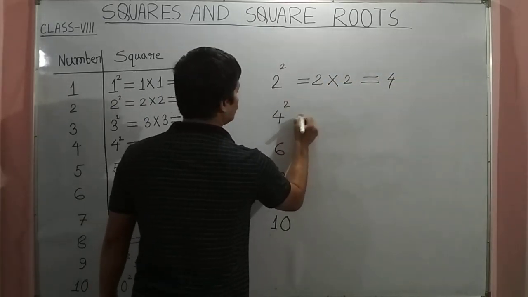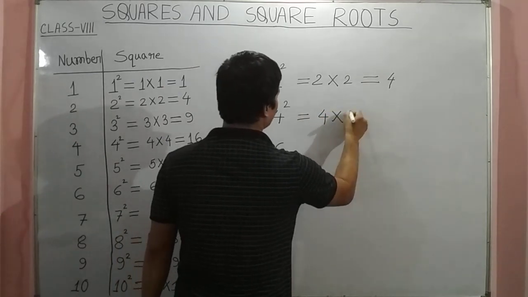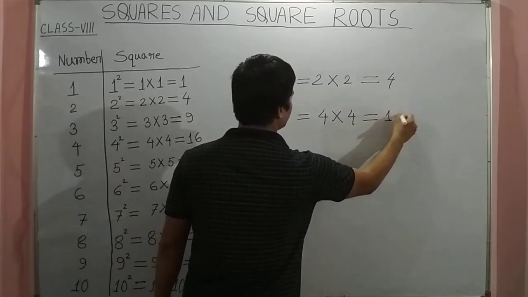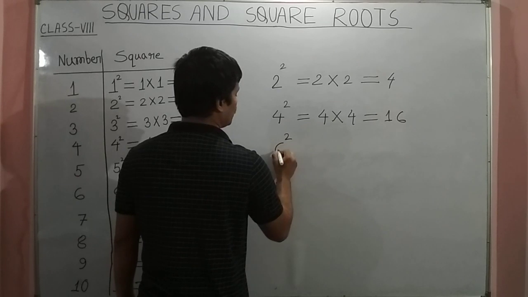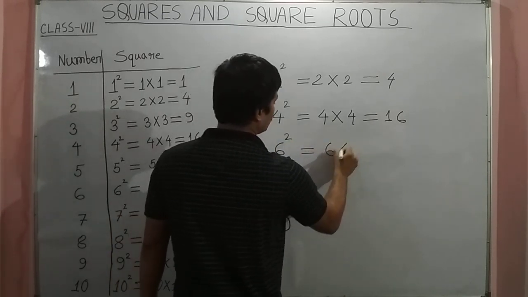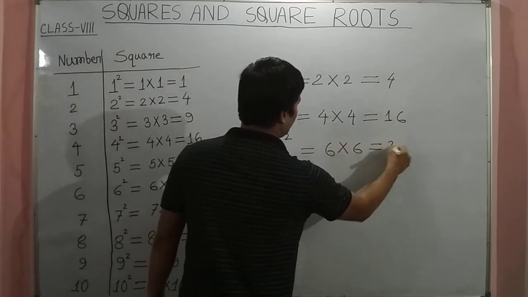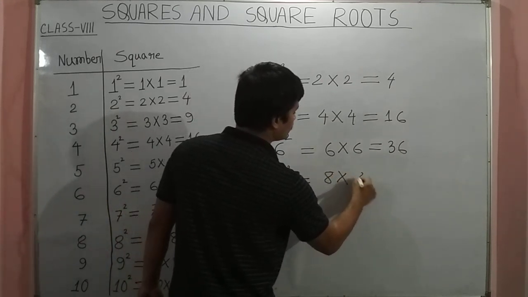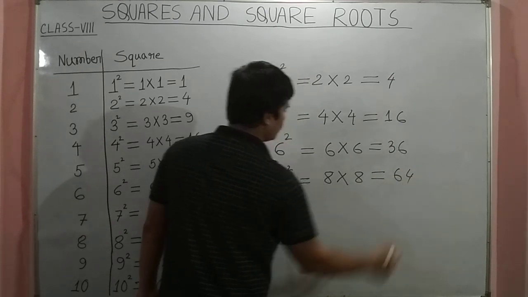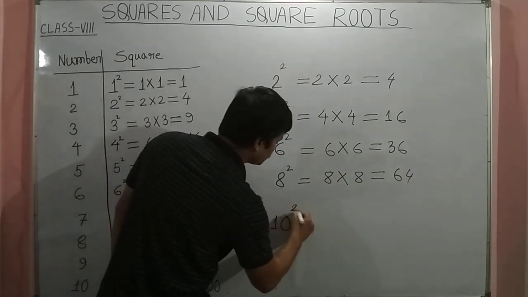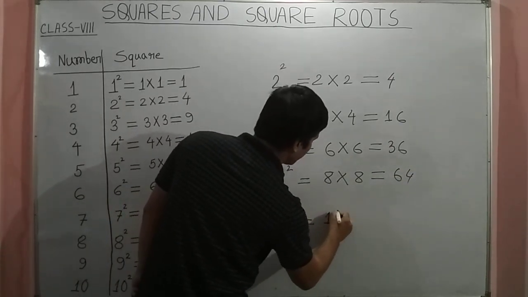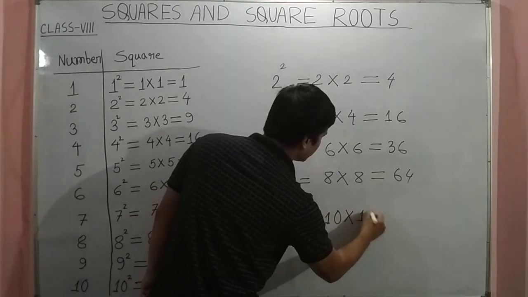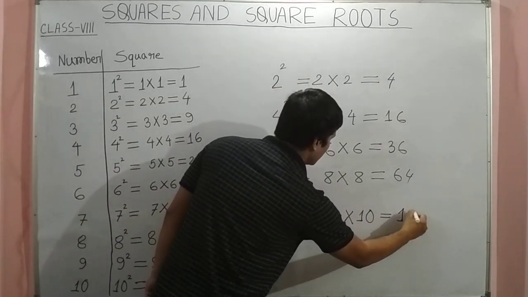Square of 4 is 4 into 4, 16. Square of 6 is 36. Square of 8 is 64. 10 square, 10 into 10, 10 tens, this is 100.